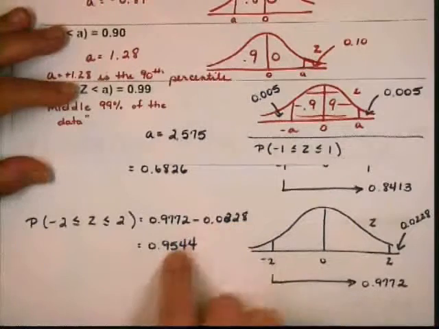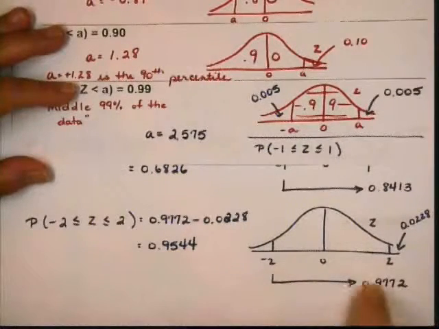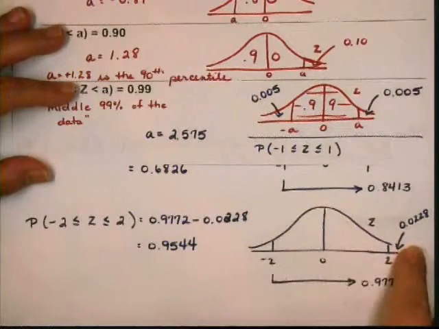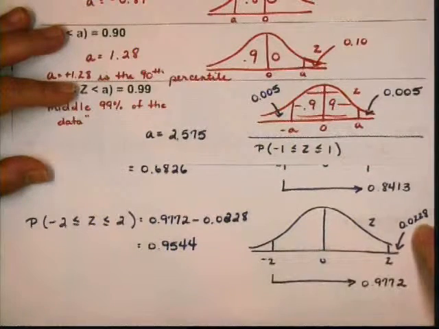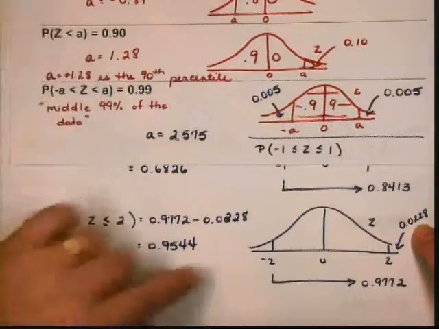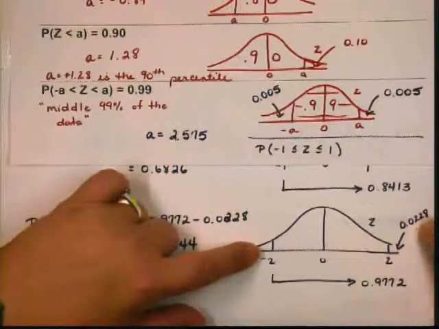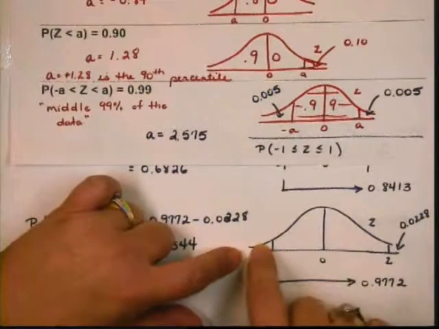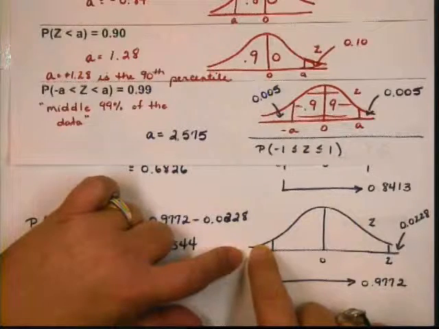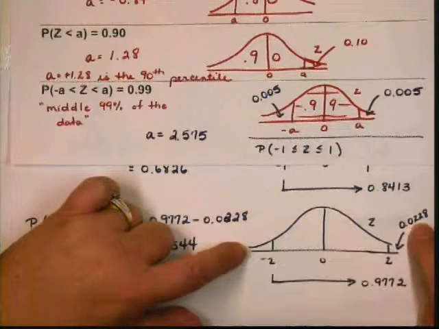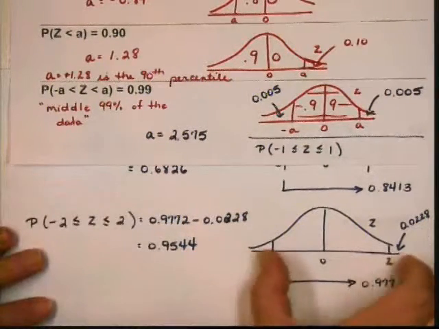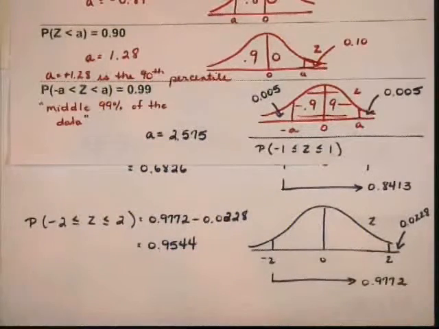Rather than this difference, this total area is 1, so we could have taken 1 minus 0.0228 minus 0.0228 to account for this side. By symmetry, I know this piece has to be 0.0228 also. So I could have added those two things together and subtracted them from 1. That would have been the other way to do it, rather than the big piece minus the little piece.